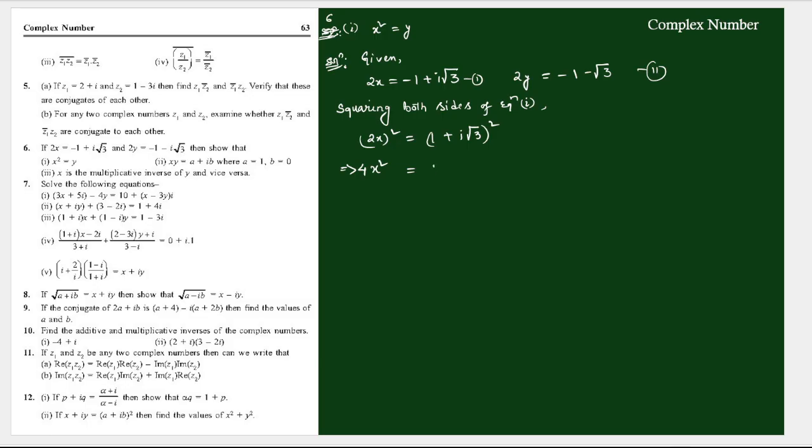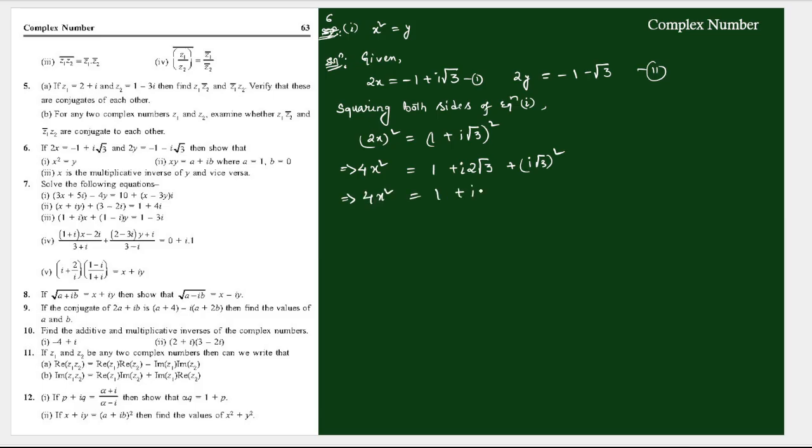So 1 square is 1. 2 into 1 is 2, and then we get root 3 i, plus i root 3 whole square. i square is minus 1.